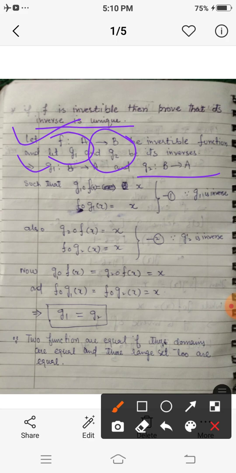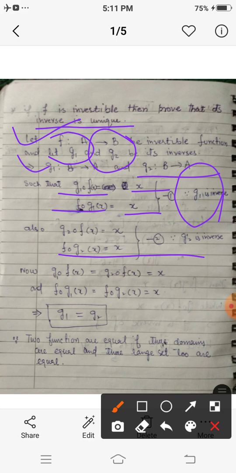By definition, g1 of f is x, the identity function, and f of g1 is the identity function because g1 is an inverse. Similarly, g2 of f is x and f of g2 of x is x because g2 is an inverse.